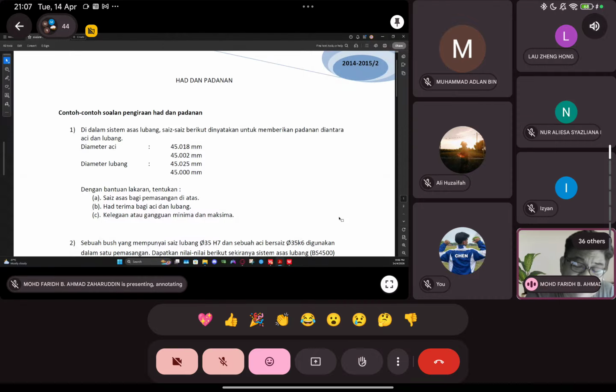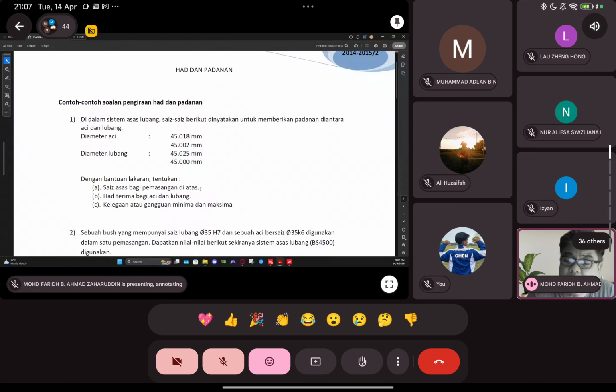So it already gives you the maximum size of diameter of holes. Maximum size of shaft. Minimum size diameter of shaft. Maximum diameter size of hole. Minimum diameter of holes.